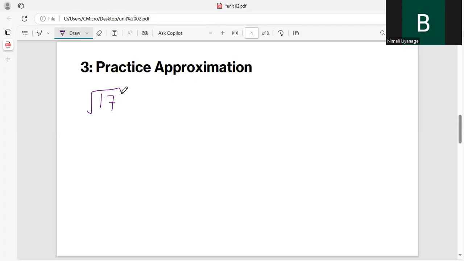So first write what we know. We know the square of 4 is equal to 16, and the square of 5 is equal to 25.